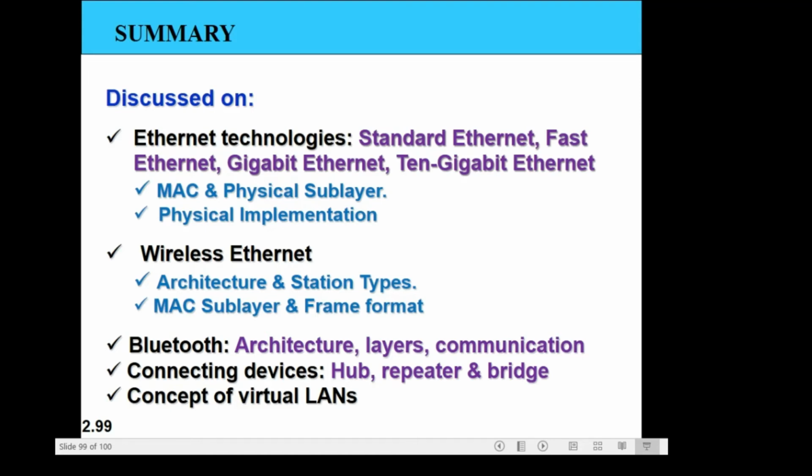So that's all, and hopefully you're able to understand the process of communication using the Ethernet, communication using the wireless, Bluetooth, what kind of devices we can use in order to connect several devices together to make a LAN, and how we can connect multiple LANs together using the connecting devices, and also the concept of virtual LAN in the network. So that's all.